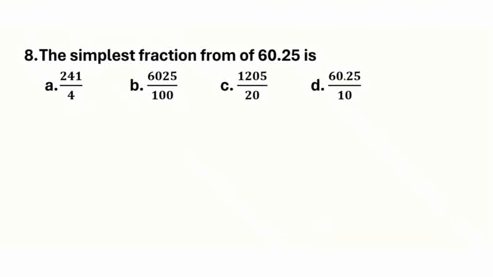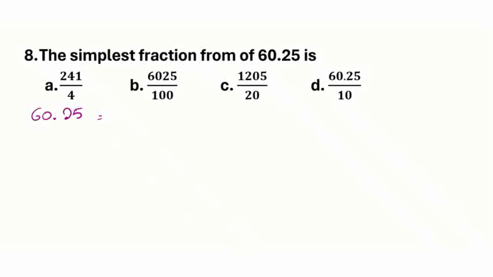Yes, in this question, they have asked for the simplest fraction form of 60.25. In the last question, I converted a fraction into a decimal number. Here, we are going to do vice versa, means we are going to convert the decimal number into a fraction.